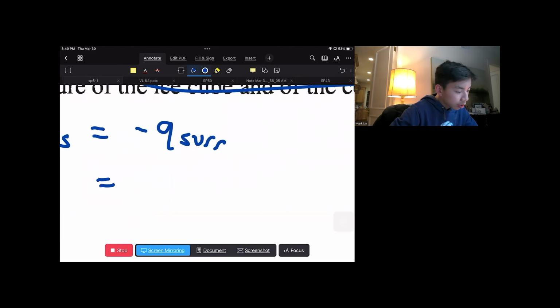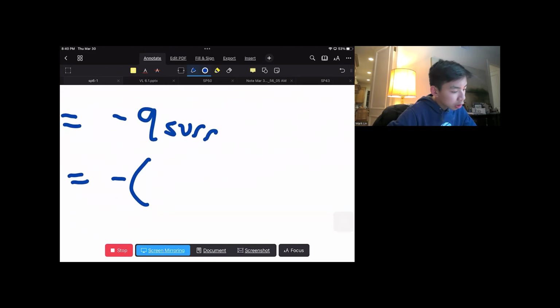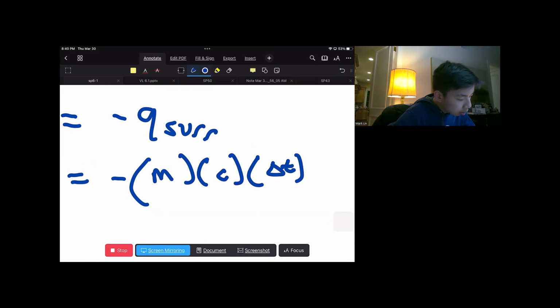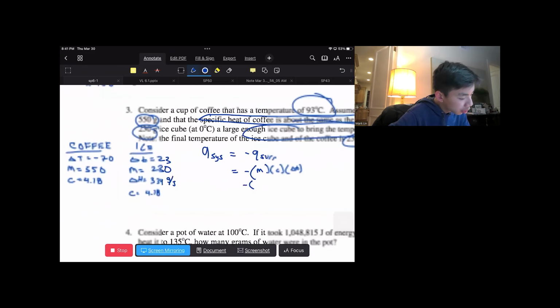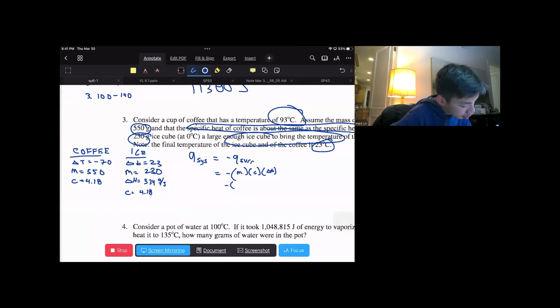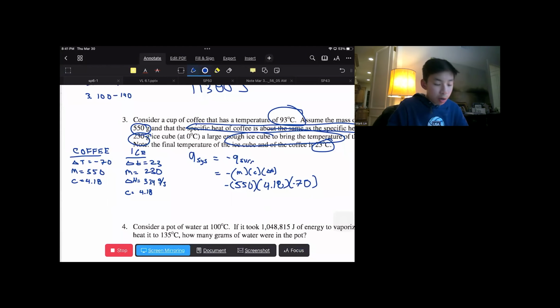So Q surroundings is going to be MC delta T. M is going to be 550, C is going to be 4.18, and our delta T is going to be negative 70.